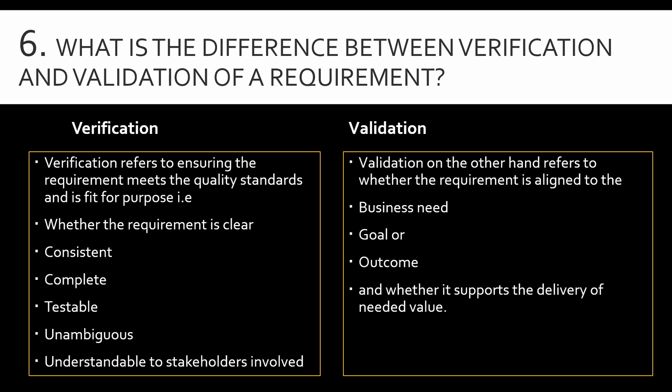I know it's a good feature, but it's not really aligned to that particular high-level business requirement. Hence, when the validation process takes place, this kind of requirement is termed as low priority and can be revisited once the key requirements are delivered.